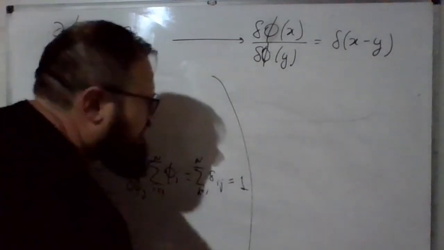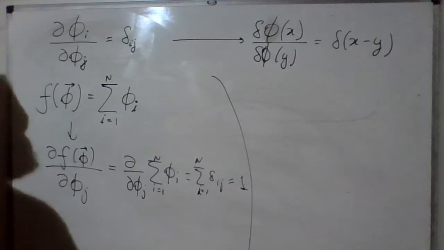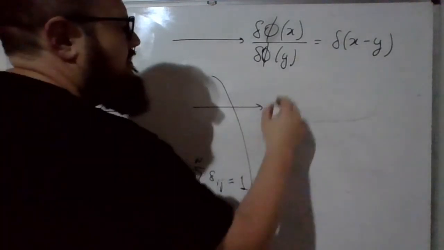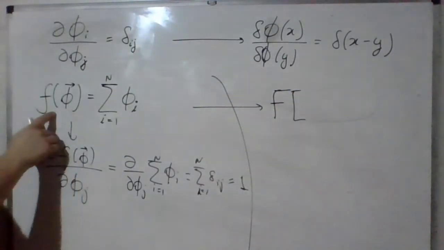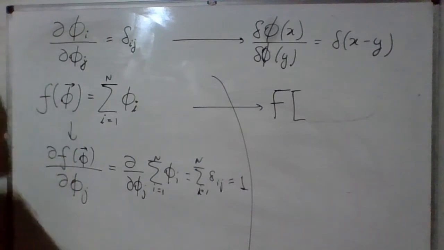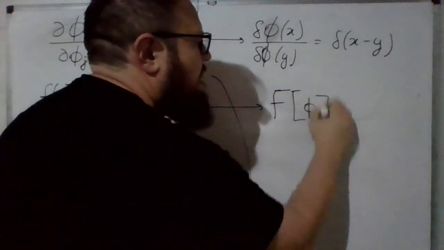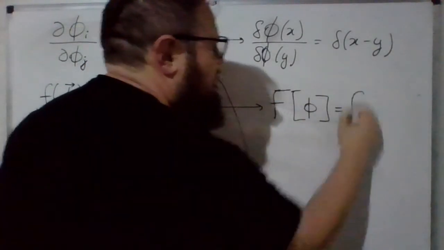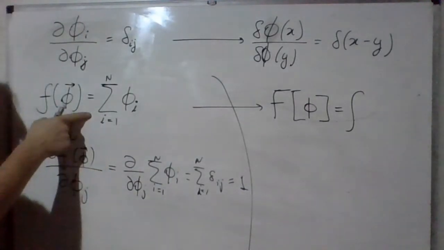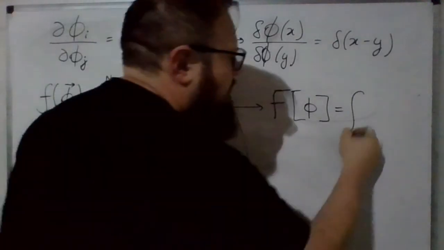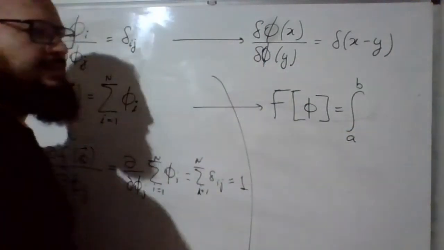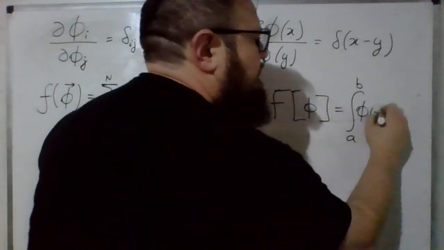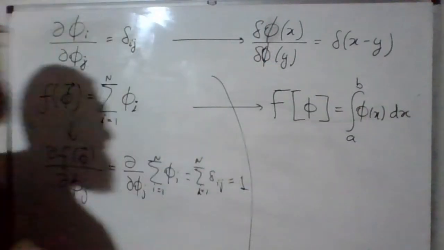And in the functional version, this becomes a functional. Notice the change of notation here. F of phi, the corresponding to a summation is an integral from a to b, suppose, of phi of x dx, right?